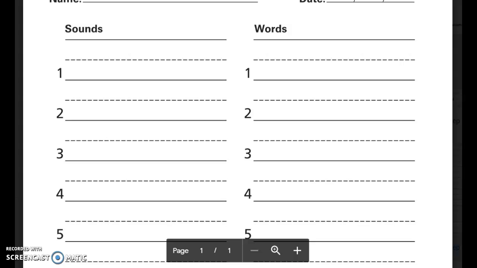Okay, and now I'm going to give you some words, and I would like you to tap out the sounds and then spell the words. The first word is bent. So you should tap out b, e, n, t, and then write bent.